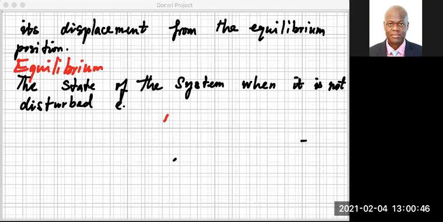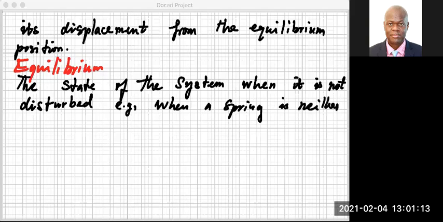So for example, when a spring is neither compressed nor stretched, it is said to be in equilibrium.